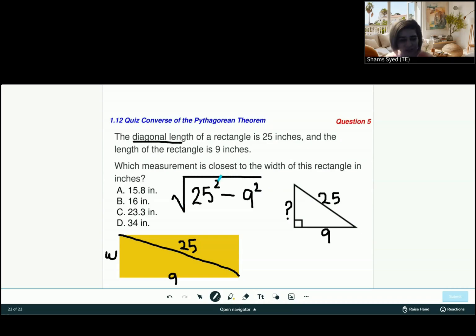Square root of 25 squared minus 9 squared. Alexis gave me the answer to be C. Damira says C. Did anybody get any different answer or do you all agree on C? Well, I'll pause the recording at this time.